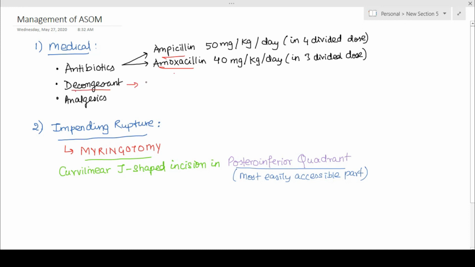They can be oral or nasal drops. We can also give analgesics and antipyretics for pain and fever.